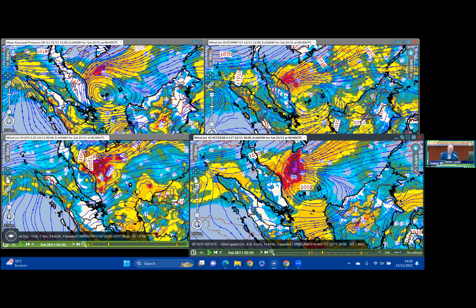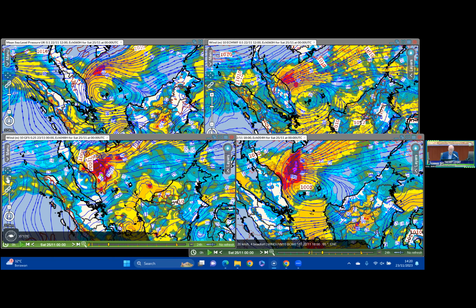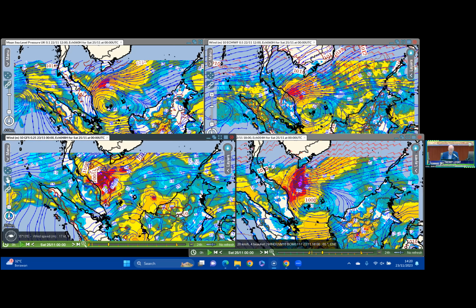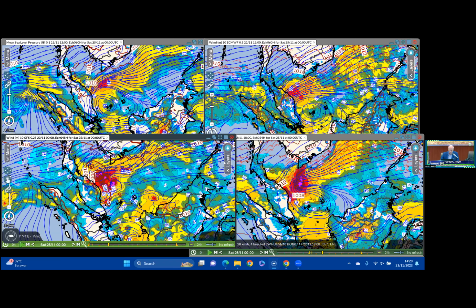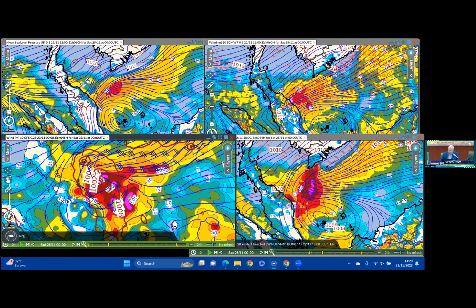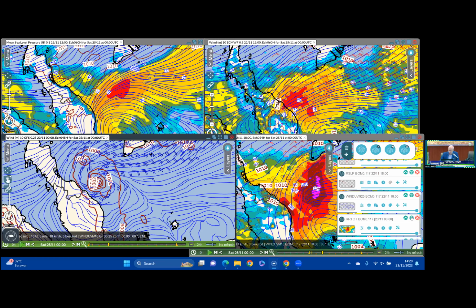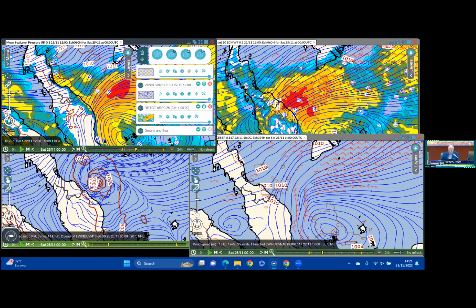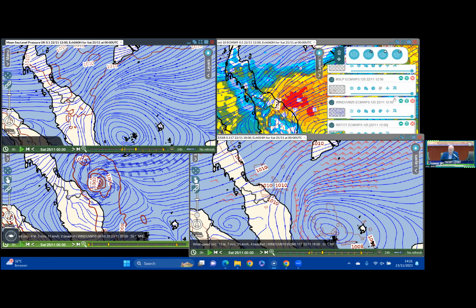So for the short range, we are here on deterministic. And what I want to show you is the GFS solution. If I zoom in near Malaysia, and if I remove the rain because we don't see anything, you can see that the solution presented by the GFS is very different from the solutions from the other models.